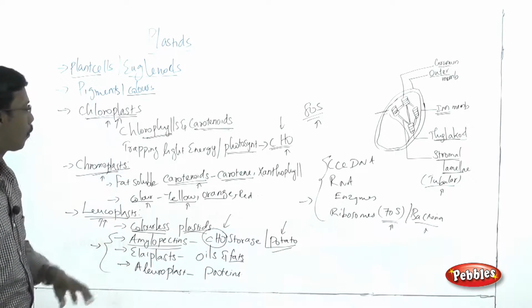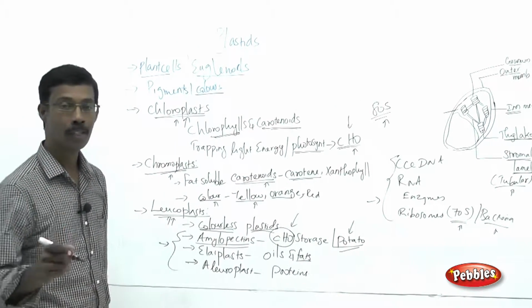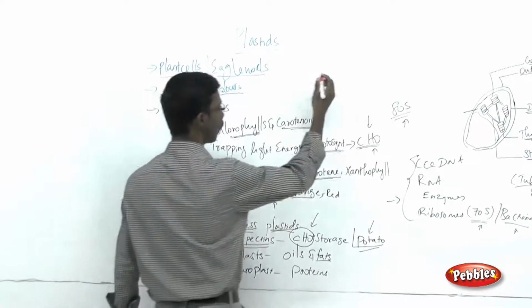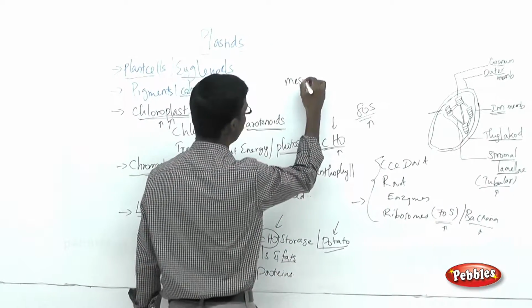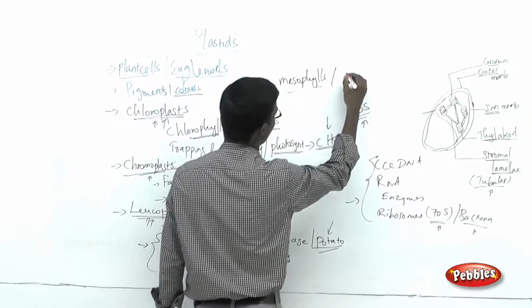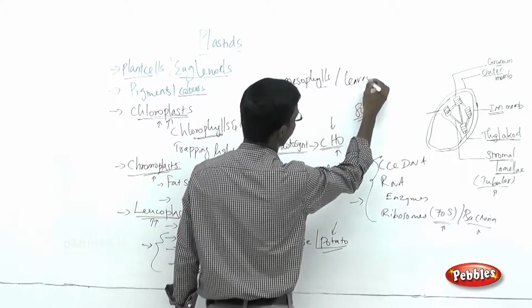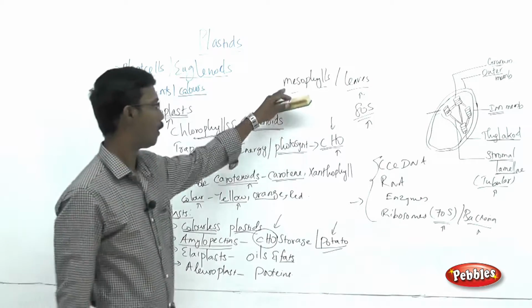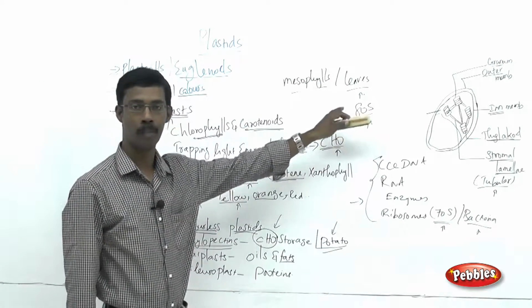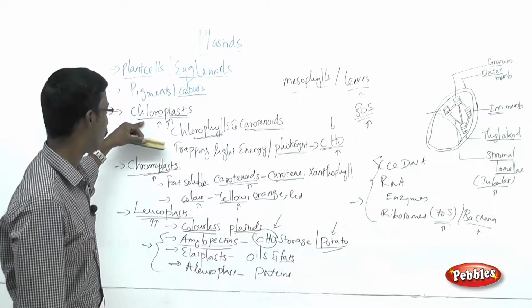The chloroplast is normally present in the photosynthetic areas of the plants. So what is the normal photosynthetic area of a plant? Already we know, the mesophyll of the growing leaves. So the green areas of the plant possess the chloroplast plastids.